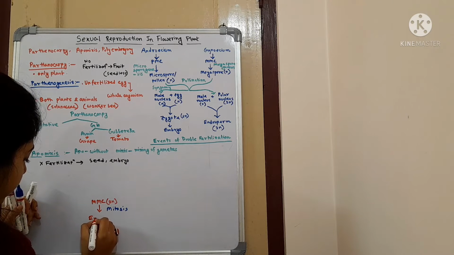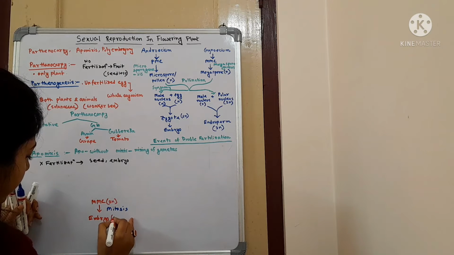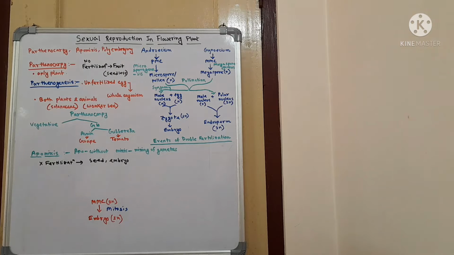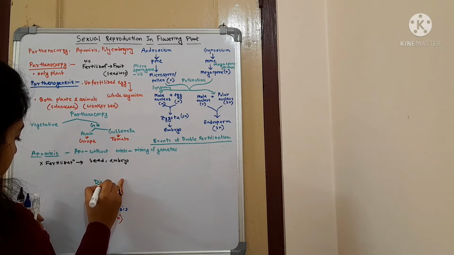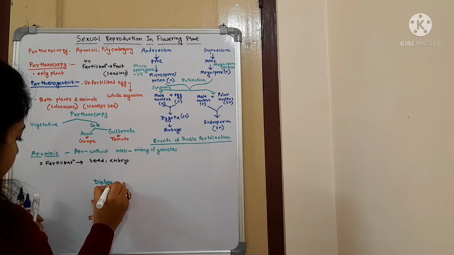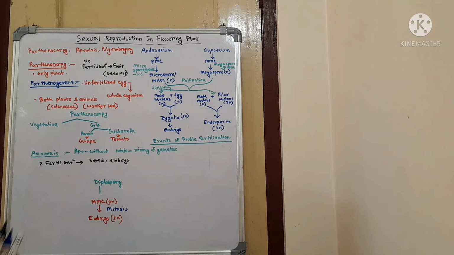If the embryo is forming directly this way, it will also be diploid in nature, because now it is doing the equational division or mitosis cell division. That is considered as the embryo cell, which will also be diploid in nature, and this event is considered as diplospory.